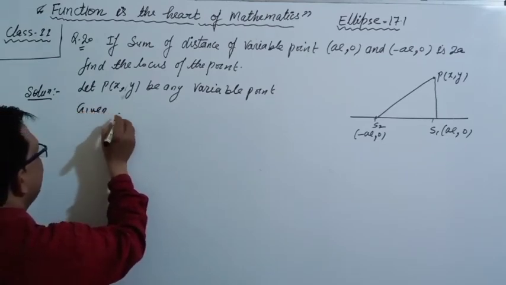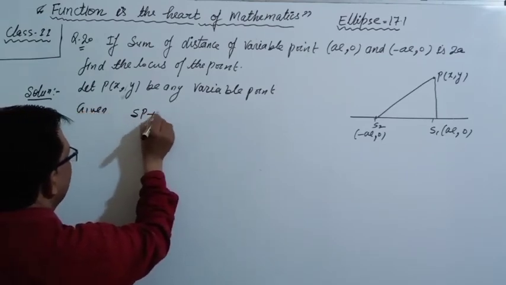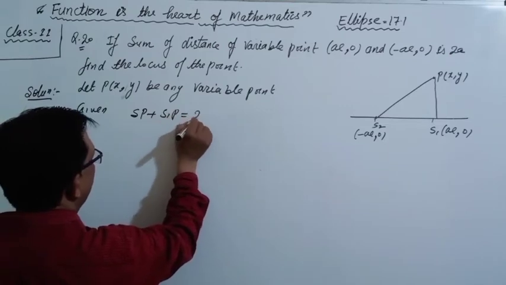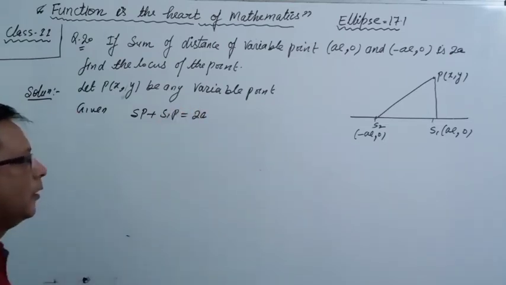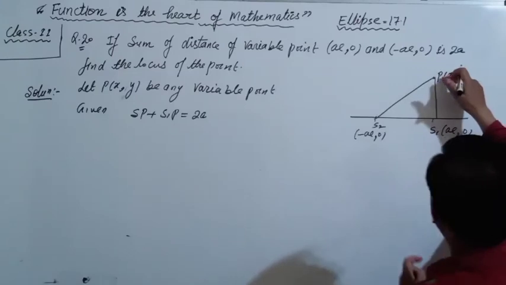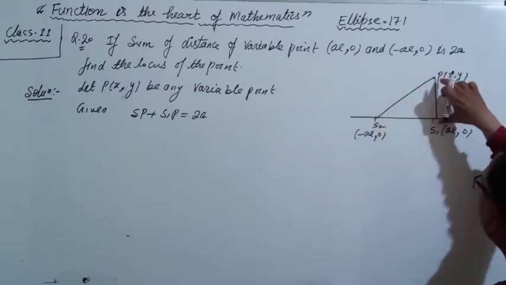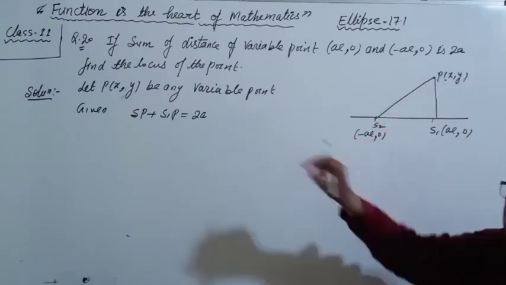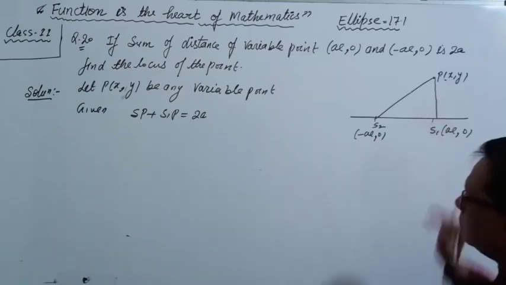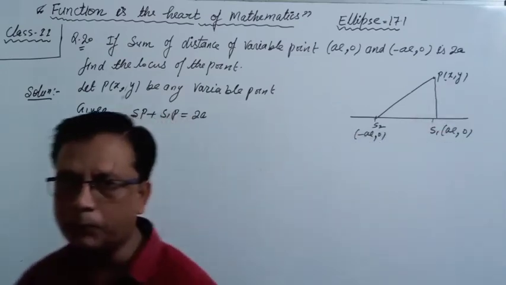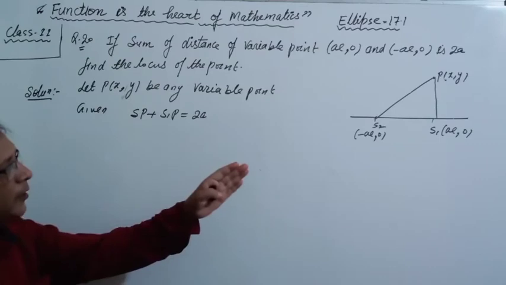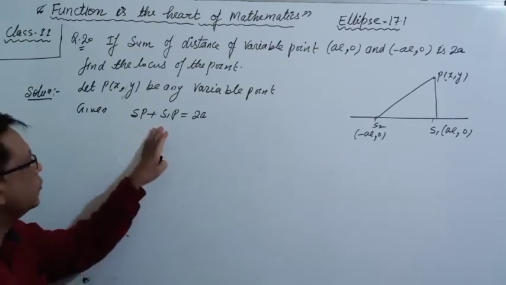Given that SP plus S1P is equal to 2a. Distance of this point from this point, and their sum is 2a. Sum of the distances of this point from S1 and S2 is 2a.